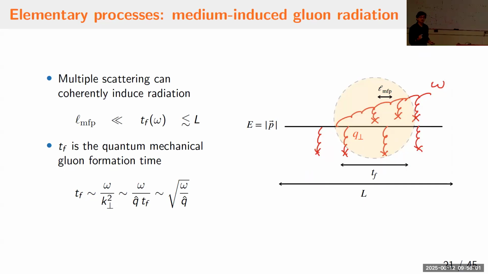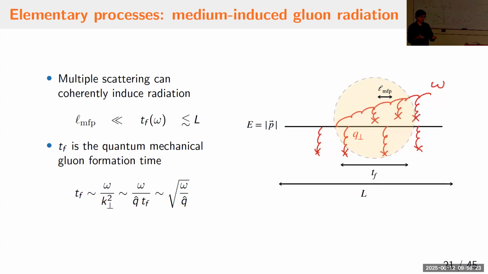And using the uncertainty principle, this formation time scales like the frequency of the gluon divided by the transverse momentum squared, transverse with respect to the direction of the jet. All right. So this is the formation time of the gluon. But remember that we said that in the plasma, the transverse momentum broadens, right?